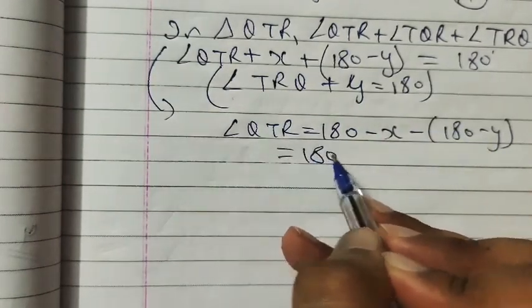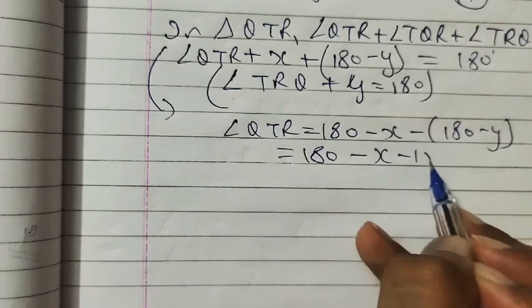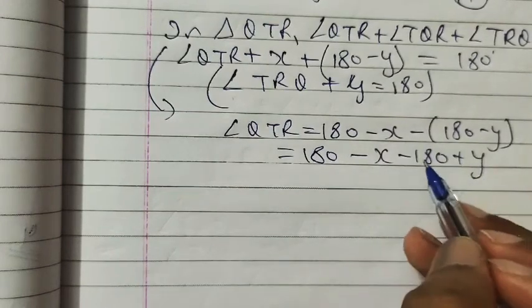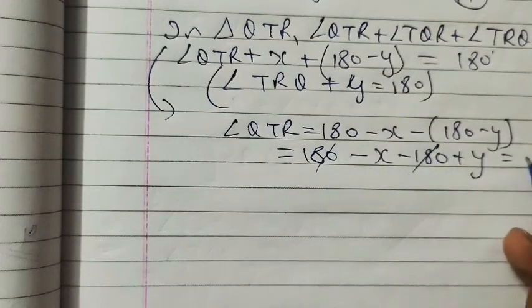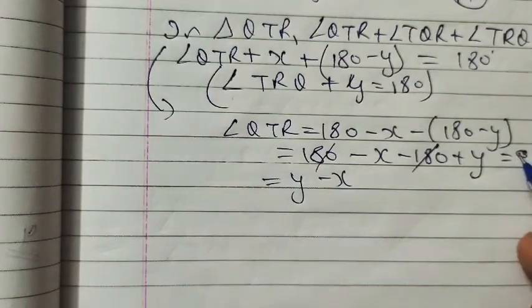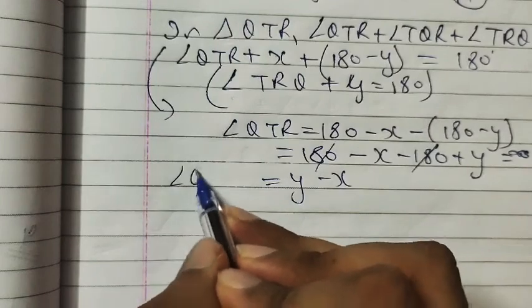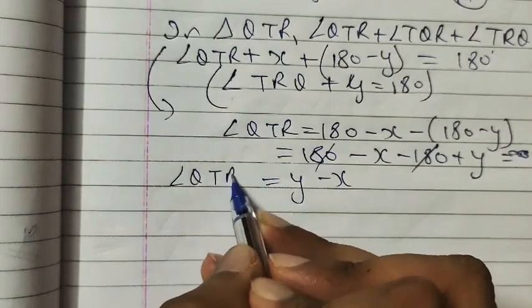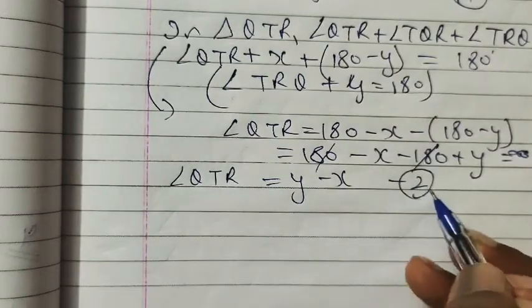So 180 minus x minus 180 plus y. So 180 and 180 get cancelled. This is y minus x, right? So y minus x is angle QTR. This is equation second, right?